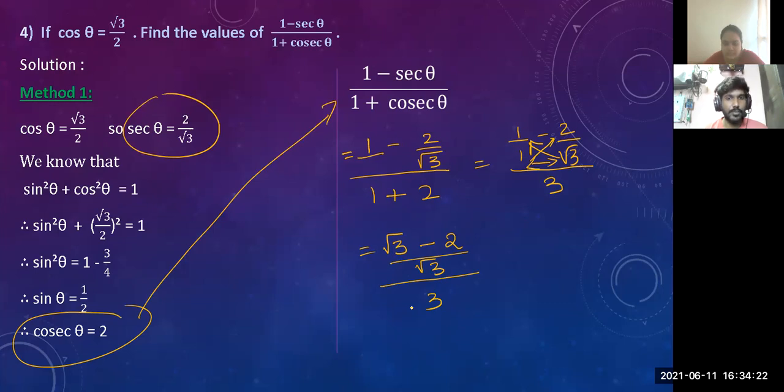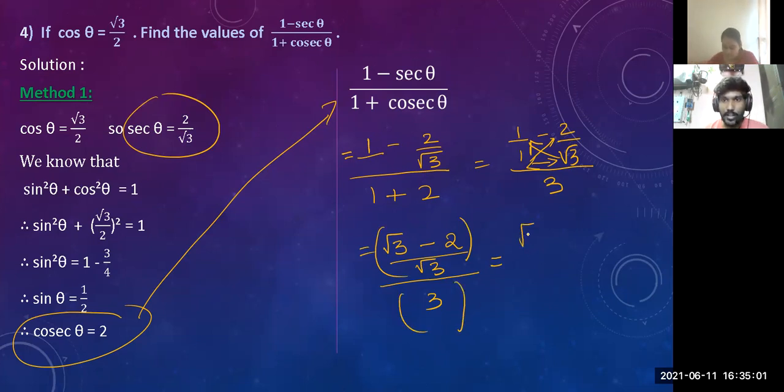Did you understand the calculation up to here? No? What will you do here? You can cancel root 3 and root 3. I'll tell you what to do next, but up to here, is it clear? Okay. Now I'll write it in a different way. This is numerator, this is denominator.